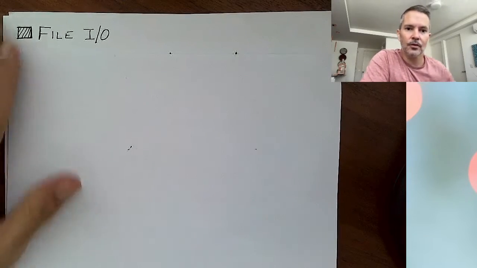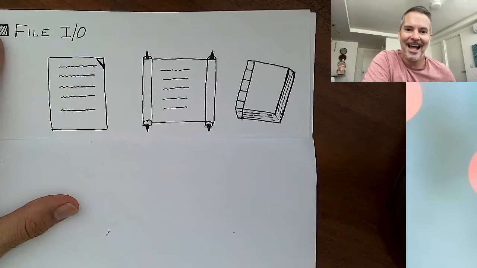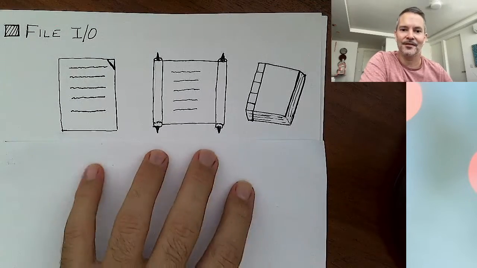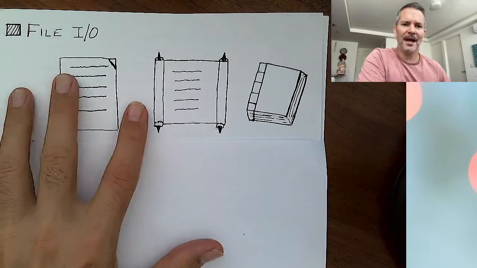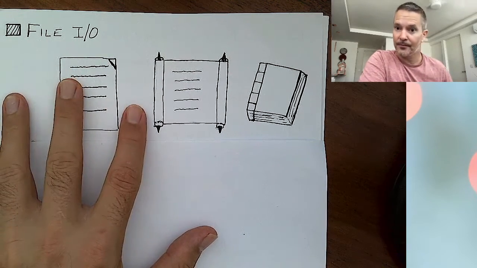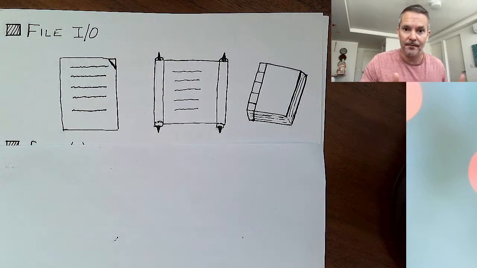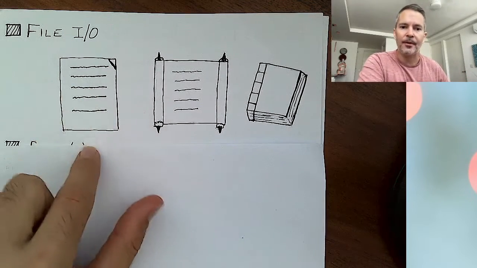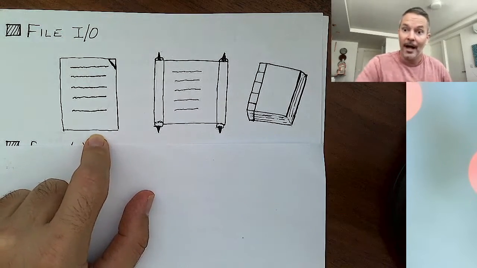Okay, so to get you conceptually oriented, I want you to think about files using the following concept. First of all, let's imagine that I am a computer and I have sitting on my desk a piece of paper. This piece of paper is a good analogy for the memory of a computer. Why?